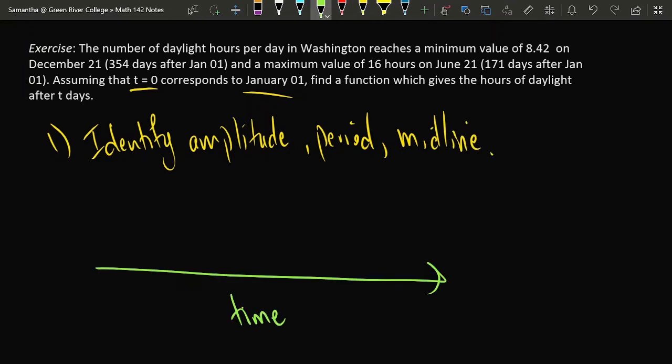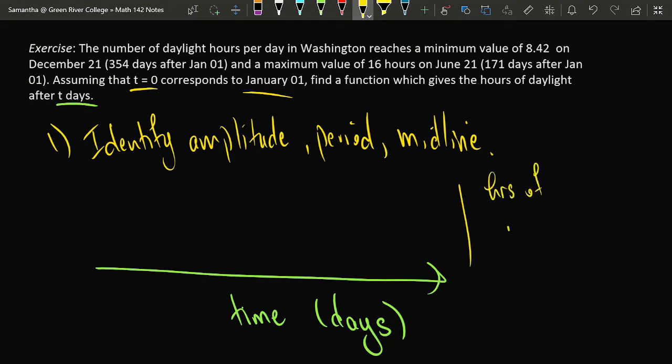So we have time passing in days along the horizontal axis, because we're dealing with t in days. And vertically, let's represent hours of daylight. The wave reaches its maximum 171 days later.